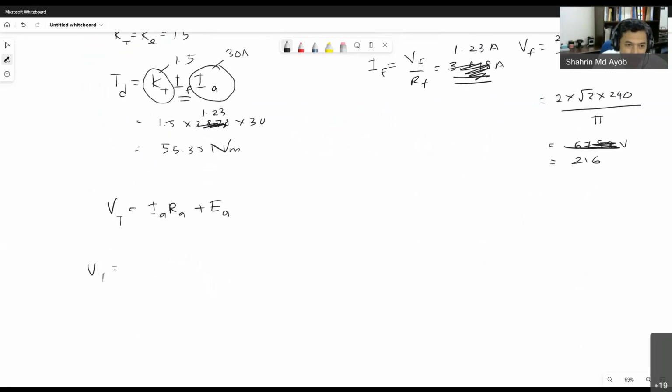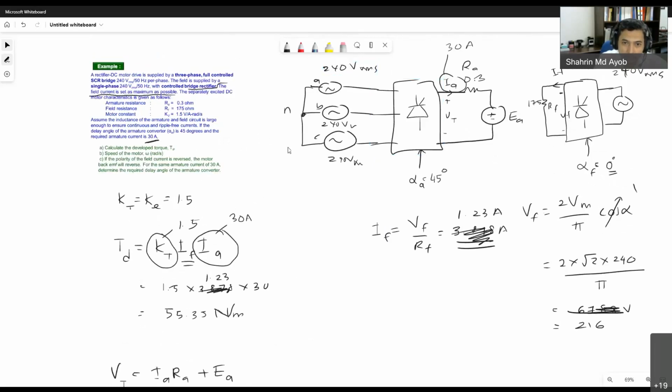You are using a three-phase circuit, so meaning that the value is 3 multiplied with Vm line to line over pi cos alpha. So if you refer to the connection of the supply, this one is the Y connection. And for Y connection, V line is equal to square root 3 of V phase. Okay, please always remember that.